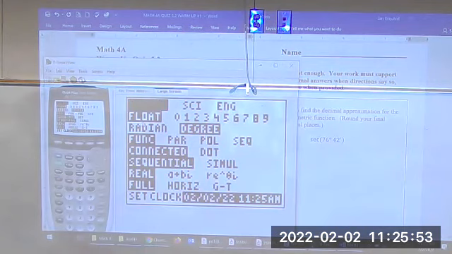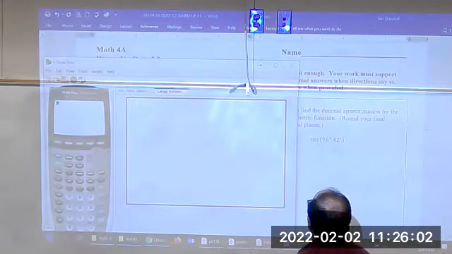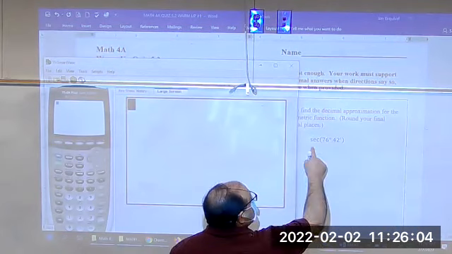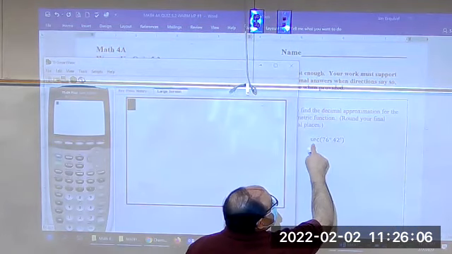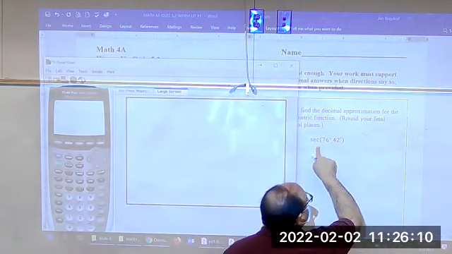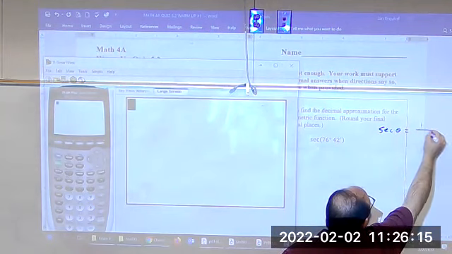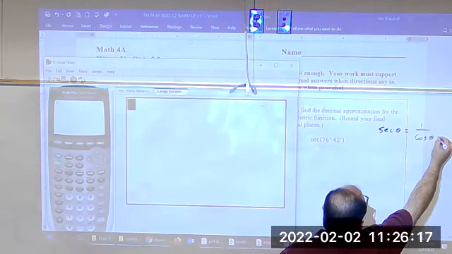All right, we're good to go. So remember what secant is. Secant is the reciprocal of who? Cosine. Secant of theta is the reciprocal of cosine theta.